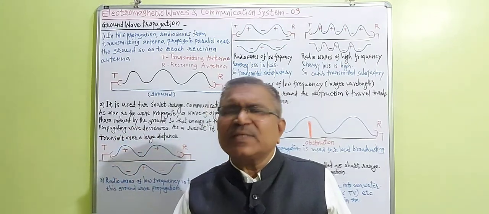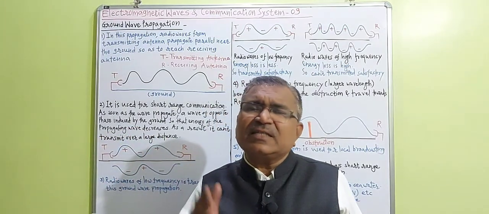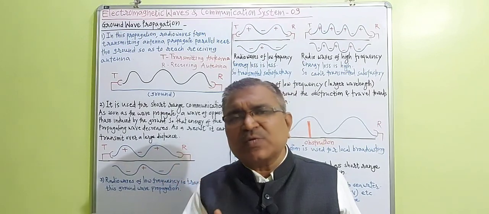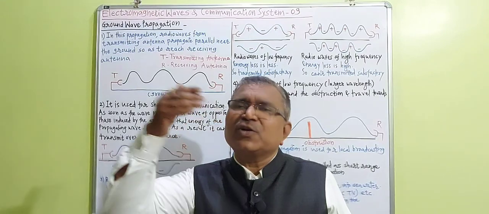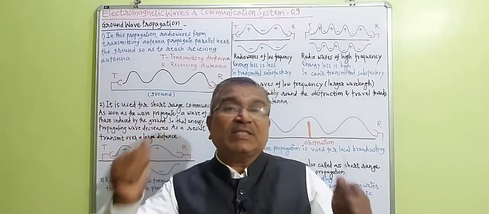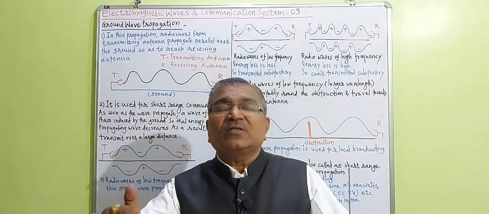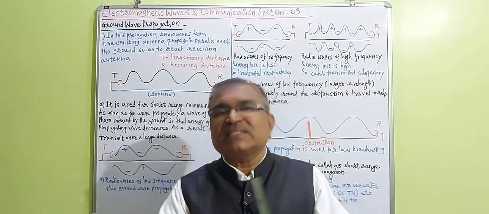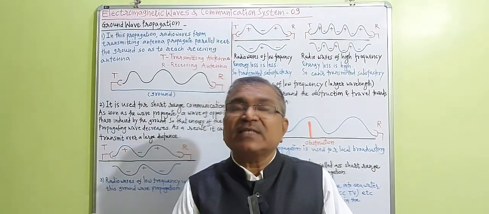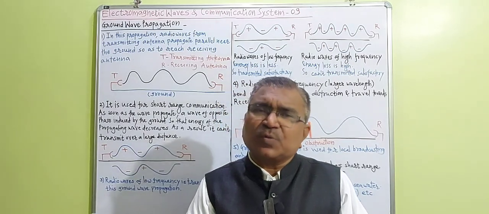Since there is a loss of energy, this wave cannot propagate over a longer distance. It can propagate only over a short distance, and so we call it short range propagation.